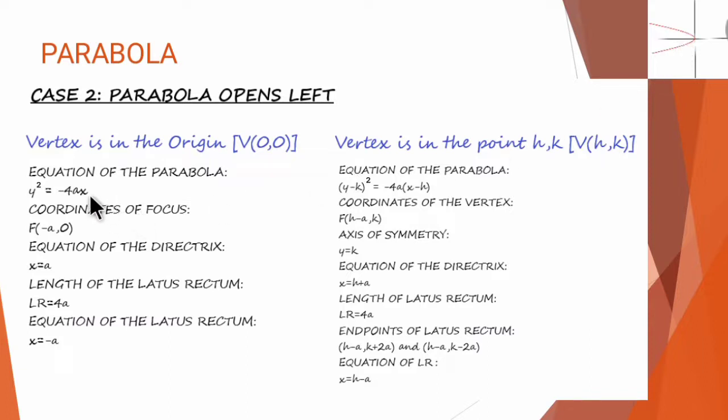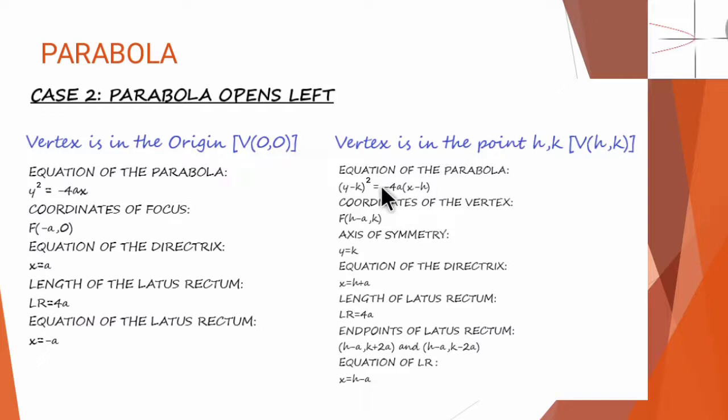The coordinates of the focus are (negative a, 0). The equation of the directrix is x equals a. The length of the latus rectum, LR, is 4a. The equation of the latus rectum is x equals negative a. So what if the vertex is at the point (h, k), or not at the origin?